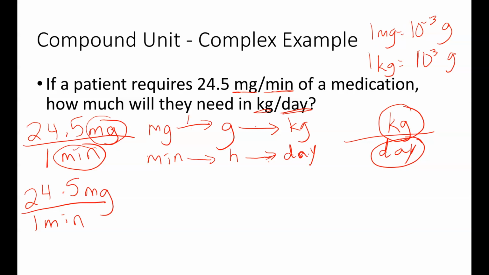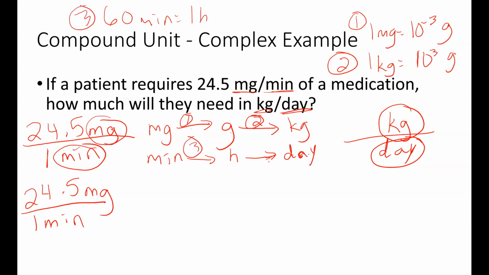This is for my first conversion, this is my second conversion. For minutes to hours, then hours to days: 60 minutes equals 1 hour, and 24 hours equals 1 day. So that's number 4. I've numbered them because I've got it kind of mixed up a little bit here on my page.